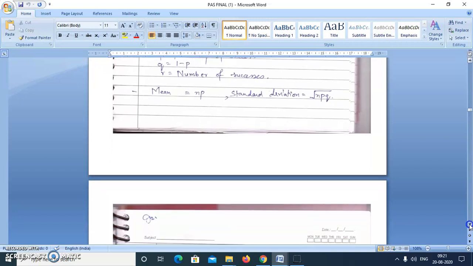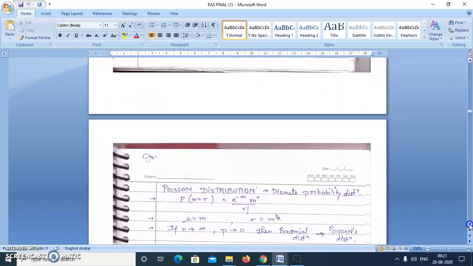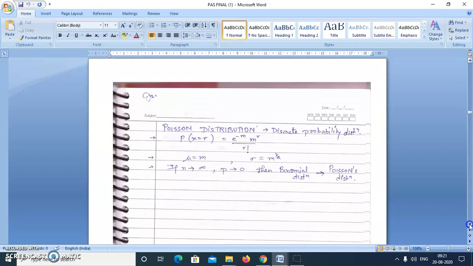Mean for a binomial distribution is equal to np, and standard deviation is root npq. Now the next distribution which we'll do is Poisson distribution. Poisson distribution is an extension of binomial distribution, and it is a discrete probability distribution, and it is uniparametric, only defined by mean.